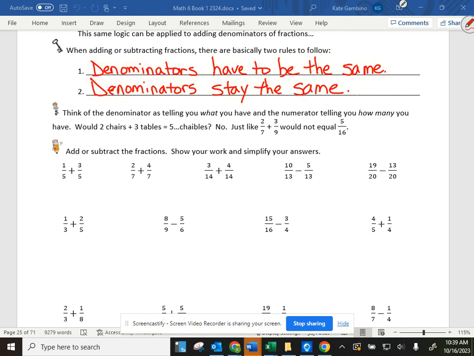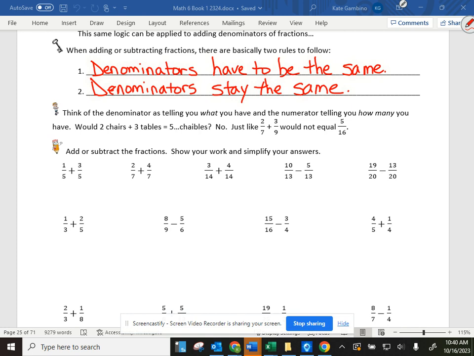So think of the denominator as telling you what you have, and the numerator telling you how many of it you have. Would 2 chairs plus 3 tables equal 5 tables? That doesn't make sense. Just like 2 sevens plus 3 nines would not equal 5 sixteenths.